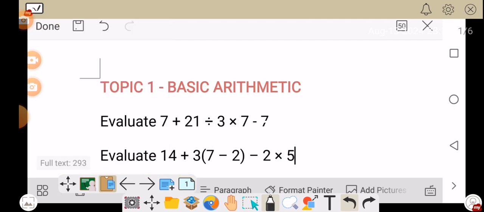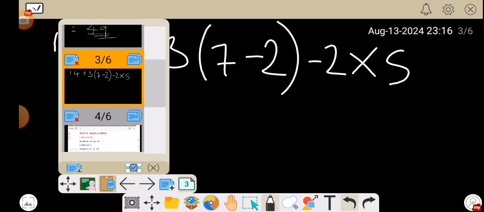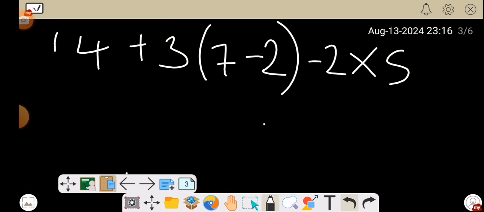Okay, so this is our next question. This question 2 follows BODMAS. From the word BODMAS, the first part is brackets. The part having brackets has 7 minus 2.